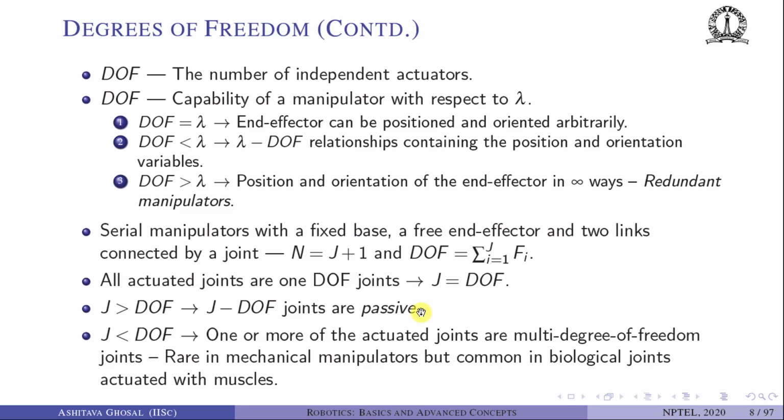However, the end of the upper arm can be positioned in 3D space. This case happens quite often in biological joints which are actuated by muscles. So I can implement a 3 degree of freedom shoulder joint with muscles, but it is not so easy to implement using purely mechanical components.